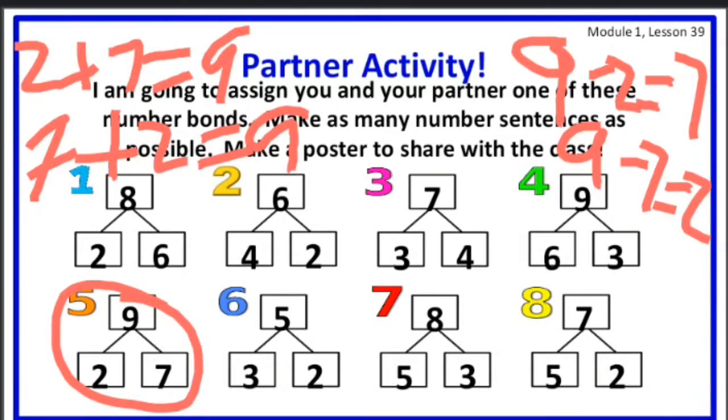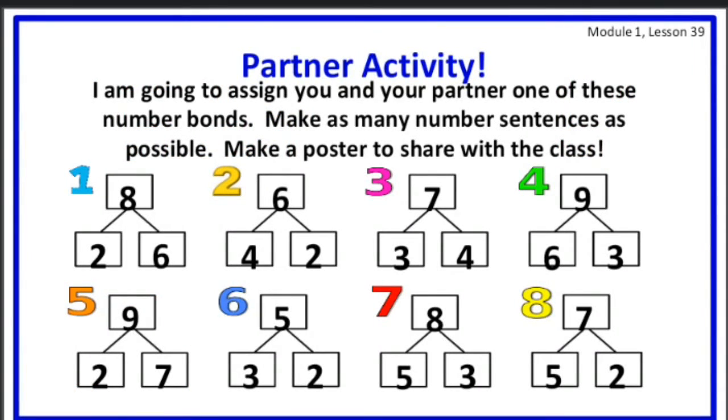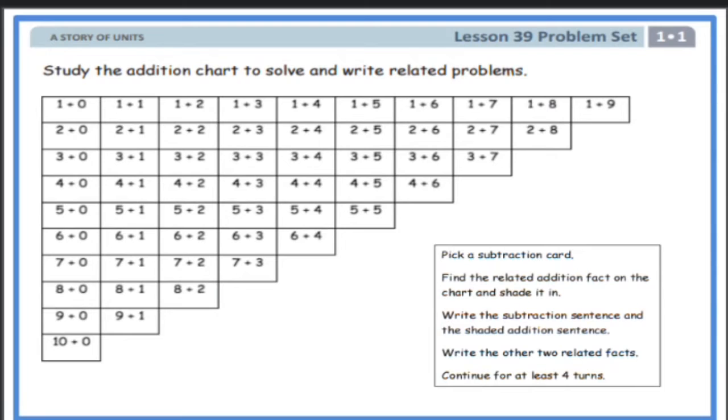Okay, so that's fun. Now over to the next activity for today. It said study the addition chart to solve and write the related problems. Now they said pick a subtraction card, find the related addition fact on the chart and shade it in.